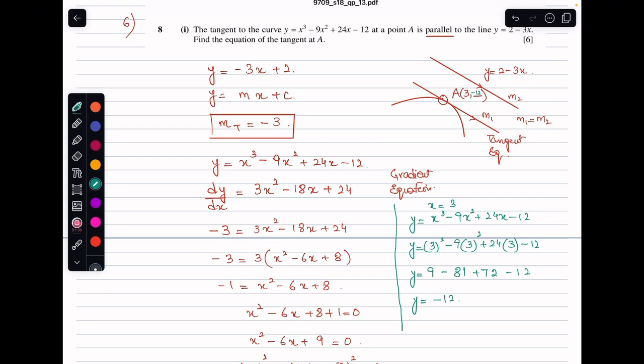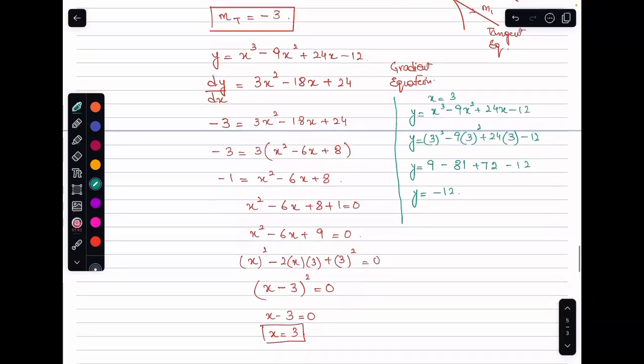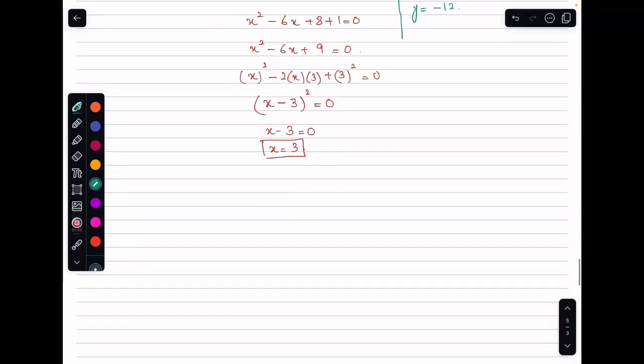Now, if I need the tangent equation, this is what the question says: find the equation of the tangent at A. To get the equation of the tangent at A, we shall be using our straight line equation, which is y minus y1 equals the gradient times x minus x1. At A, I have already decided that this is 3 and negative 12.